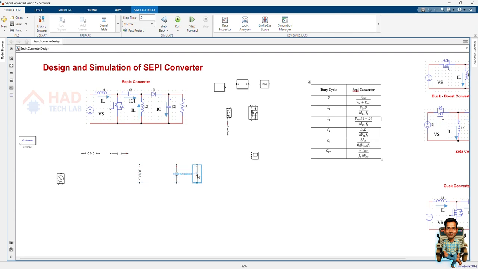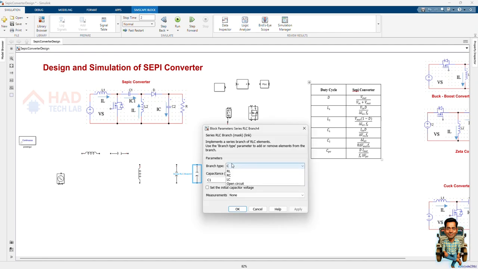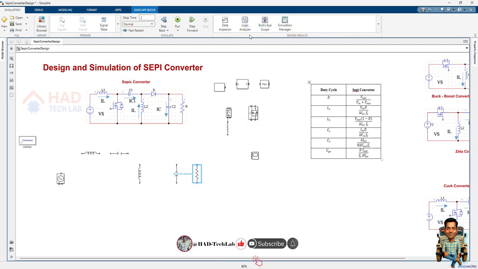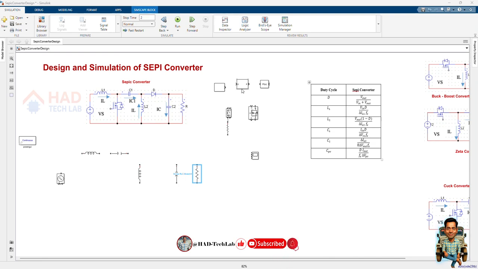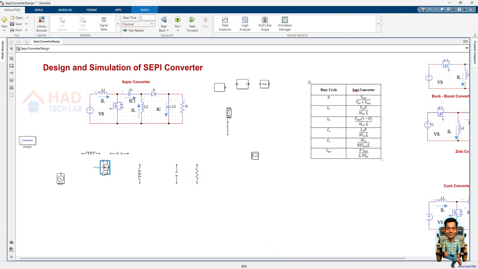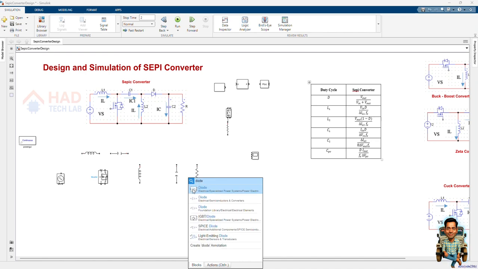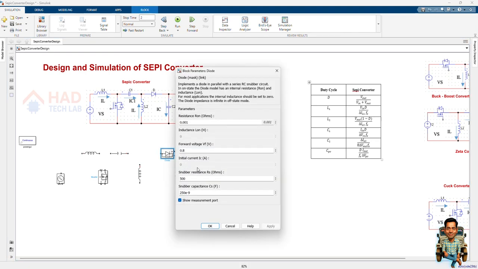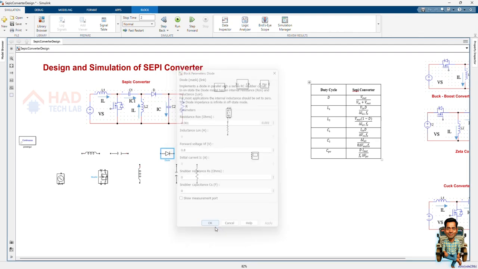For the load, we use R. Then the MOSFET switch, and another one is the diode. Neglect the snubber resistance values, and apply OK.